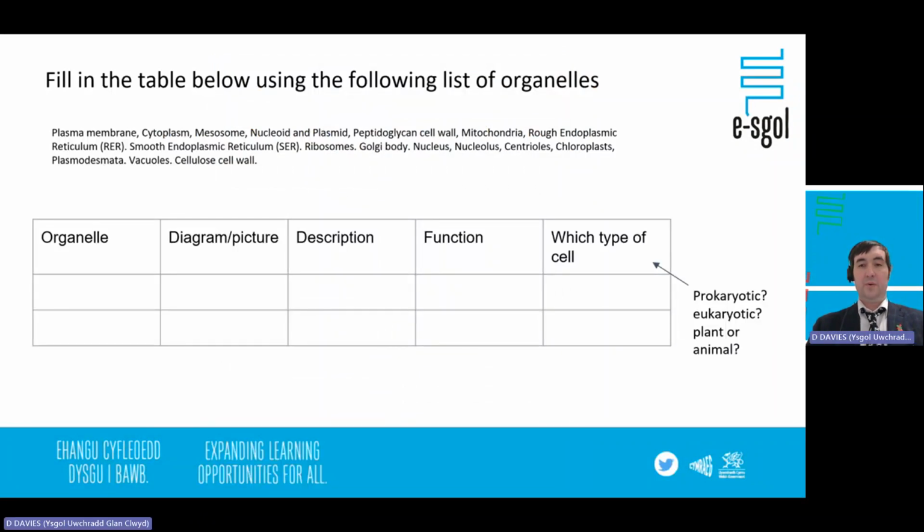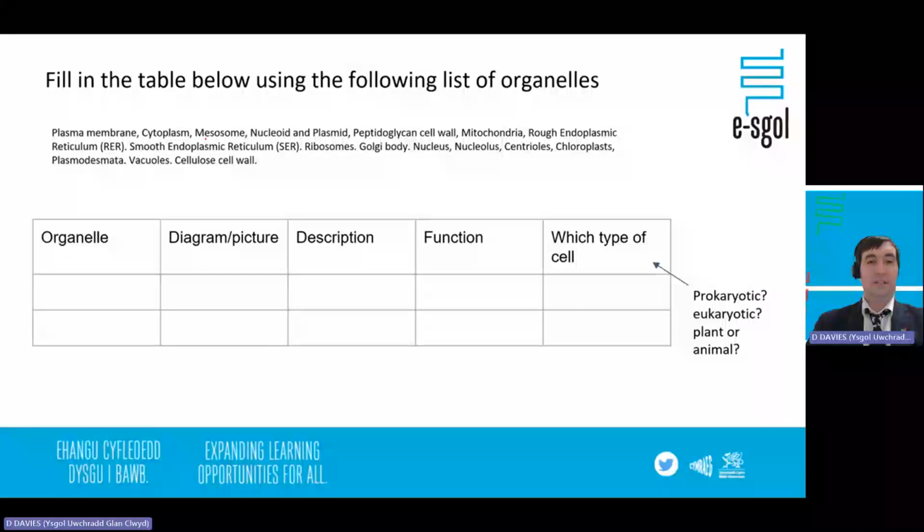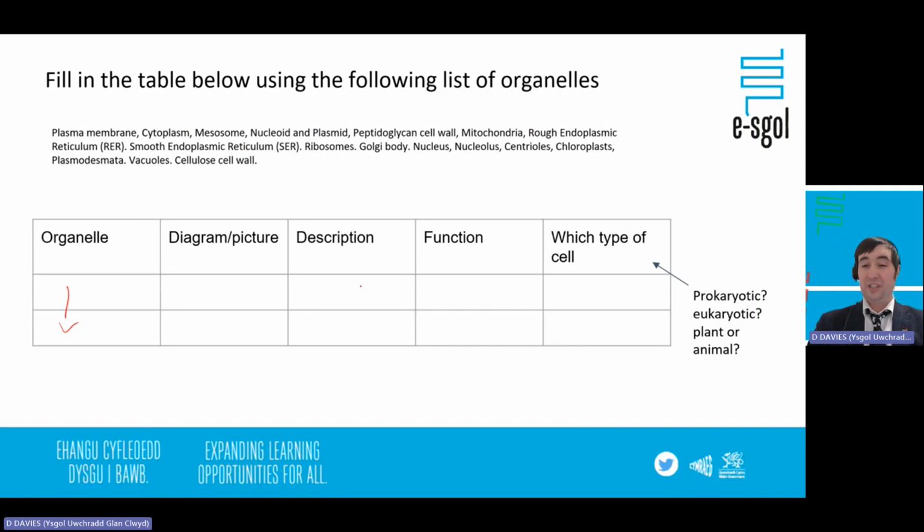This table here is basically a summary of all of what we've done before. You don't need to do Cornell notes for this page. This would be one large A4 piece of paper with your organelles. These are the lists of organelles here, so you need to put those in this column down there. You need a diagram or a picture, a description: say what they are, what shape they are, what they're made out of, what their job is, and whether they exist in a prokaryotic cell, a eukaryotic cell, an animal cell, or a plant cell.